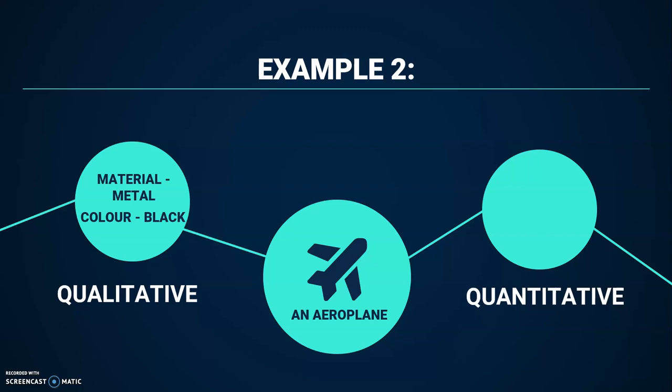So what about the quantitative characteristic? The parameter. Weight. Yes, do you know that an average weight of an aeroplane is 41,000 kilograms? And also the length. Okay, the length of this aeroplane, for example, is 50 meters. So you can see when we attach numbers to an object, it is definitely quantitative characteristics.